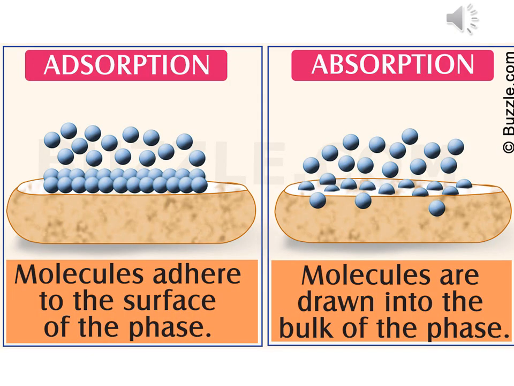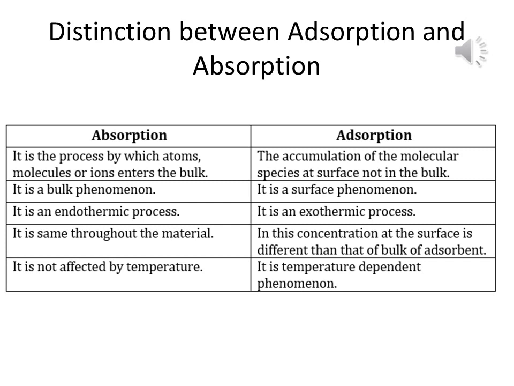Therefore, the two terms adsorption and absorption differ as when the molecules adhere to the surface, it is adsorption. When the molecules move into the bulk of the phase, it is absorption. Here is the difference between absorption and adsorption.